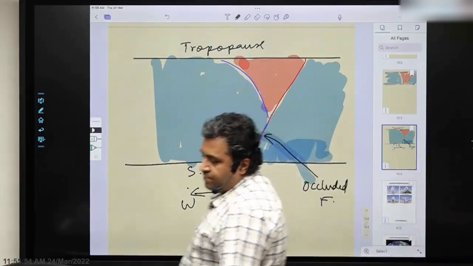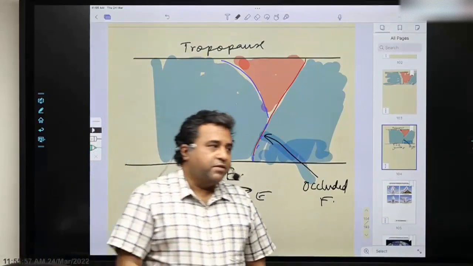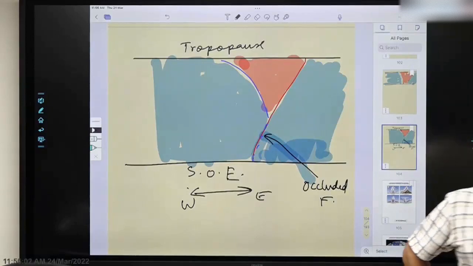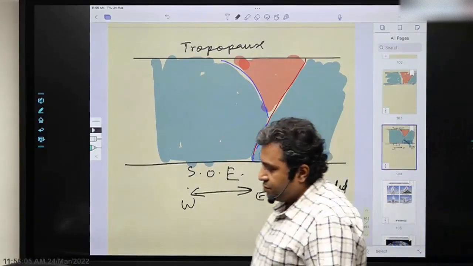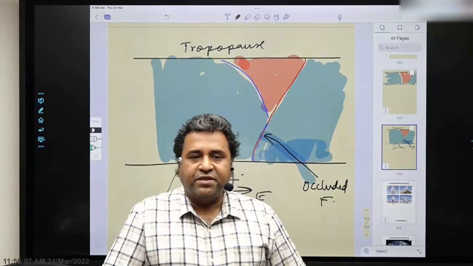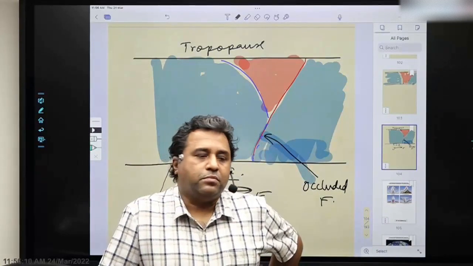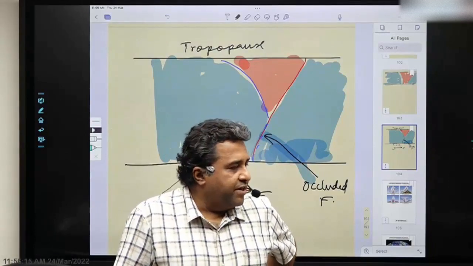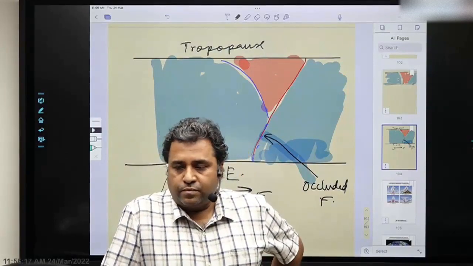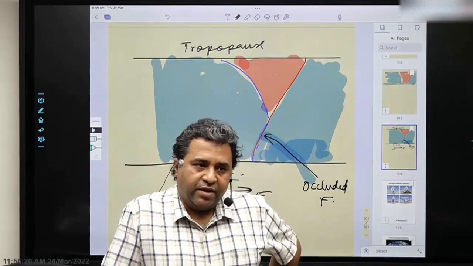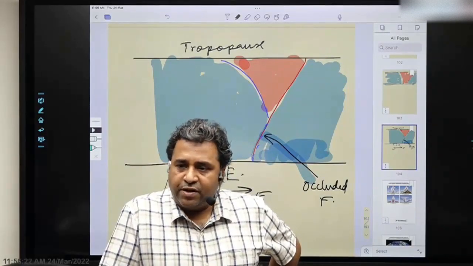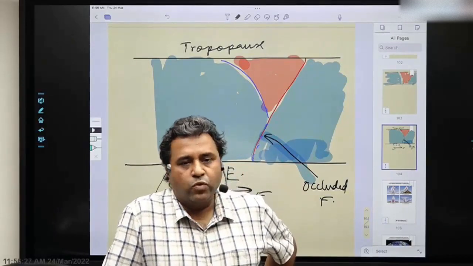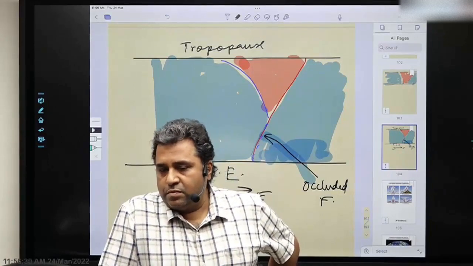Hence, the overlapping of the front brings the cyclonic condition to an end. Okay? And hence gradually the cyclone will be over. Full stop.